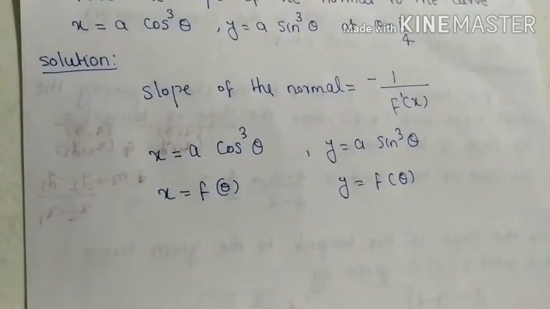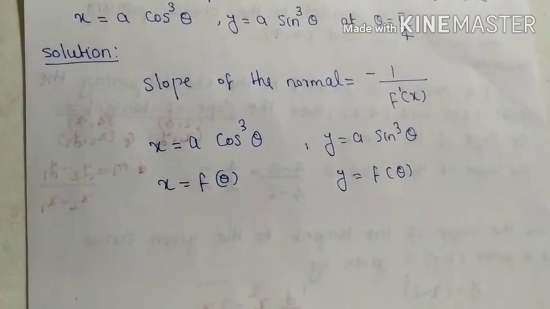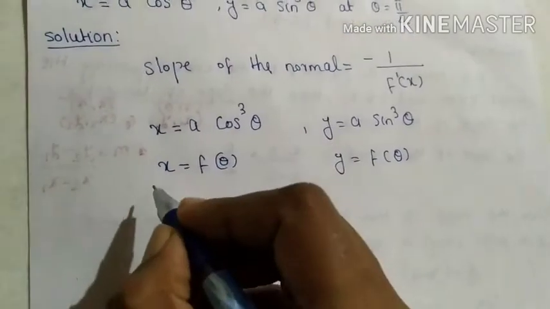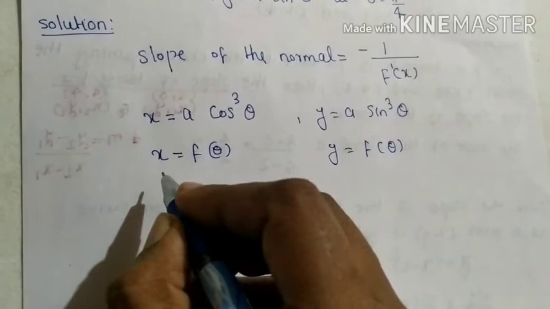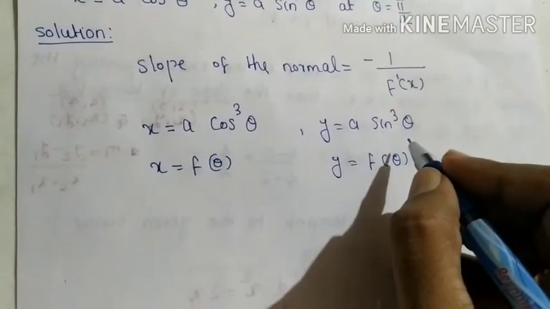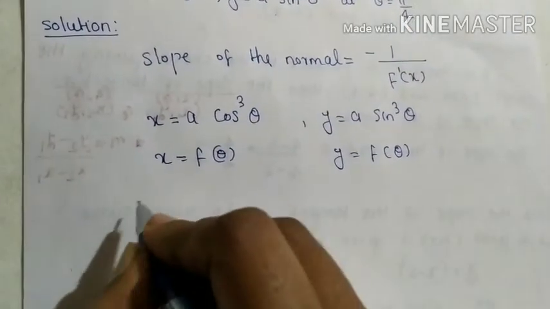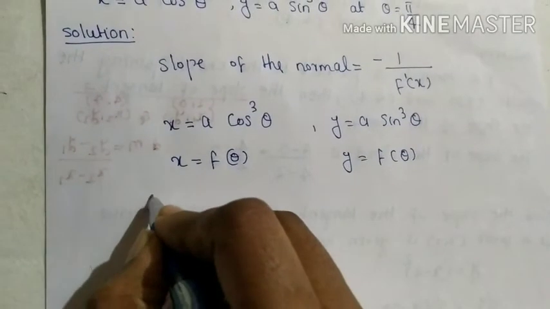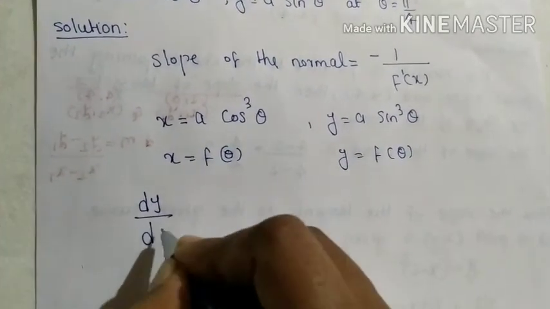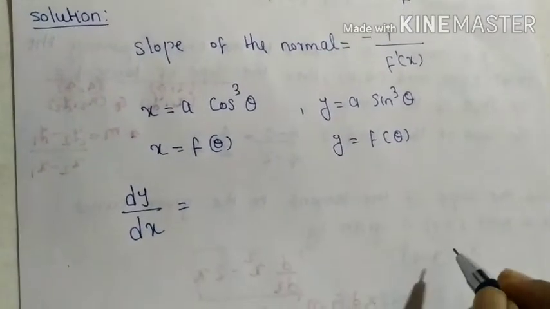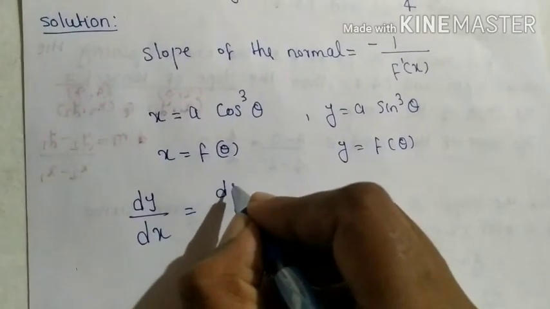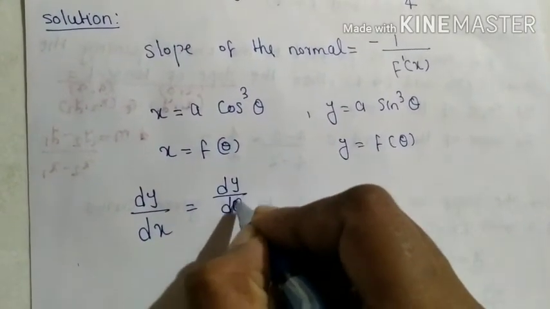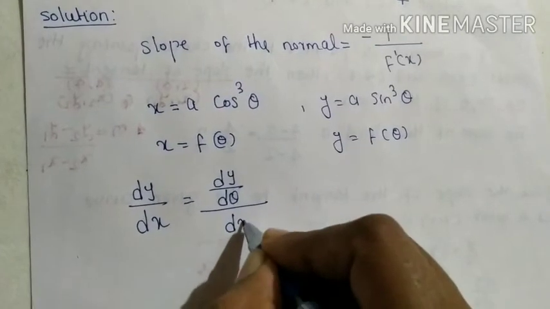So here we need to find dy by dx, right? By using parametric form, these are parametric equations, so dy by dx is equal to dy by d theta divided by dx by d theta.